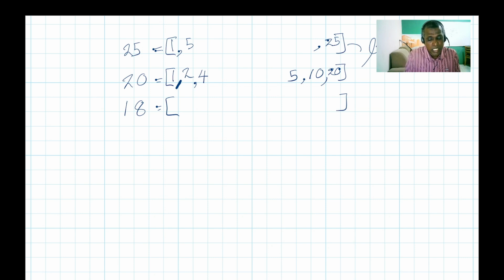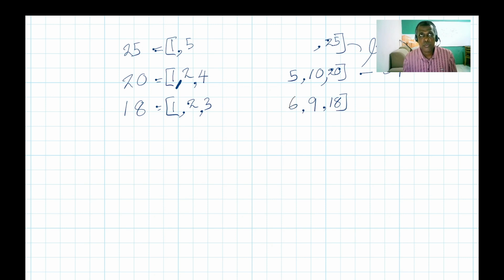I am going for the 18. 1 is there, 1 and 18. This is the first factor pair I can write down. Next it's coming on the 2 table. Yes, of course, 2 times 9. Is it on the 3 table? Yes, of course, 3 times 6 is there. Is it on the 4 table?